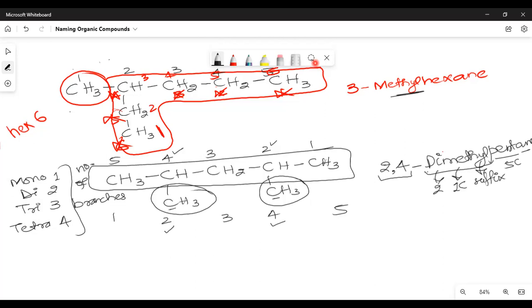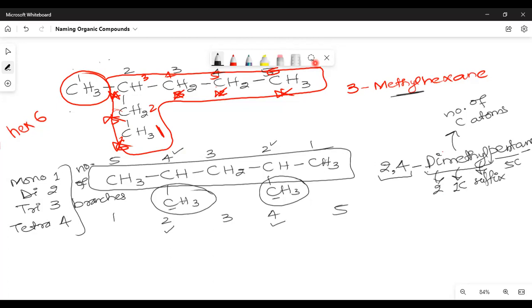Okay, let me tell you something. Meth represents the number of carbon atoms, right? Mono or di represents the number of branches. These are two entirely different things. A branch may have more than one carbon atom. A branch can have two carbon atoms.